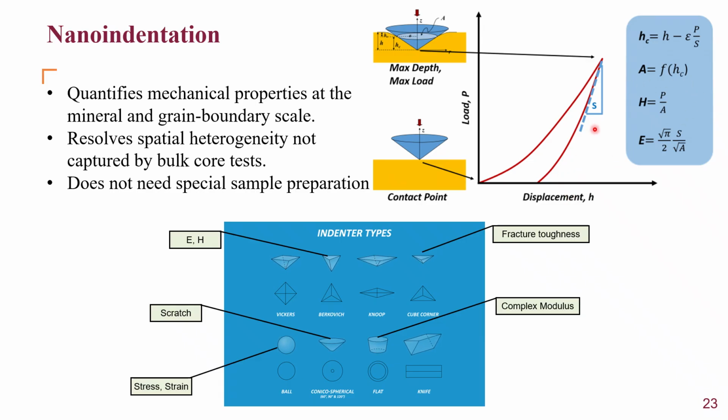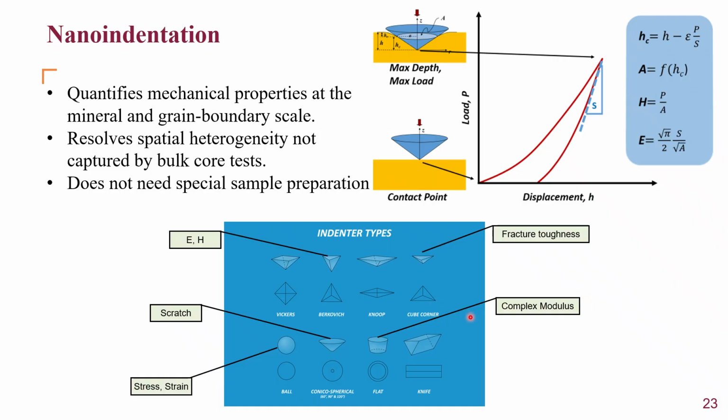We can calculate the hardness, which is the load over the area, a function of hc, the height of the cone. We can also calculate the Young's modulus, which is a function of the slope and the area. Depending on the kind of indenter, we can calculate the fracture toughness when you use a cube corner indenter.